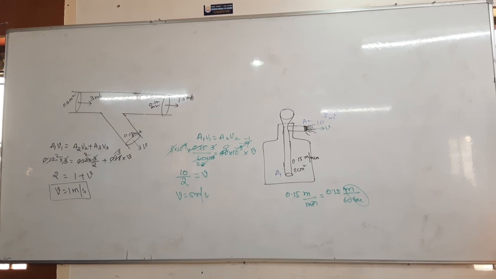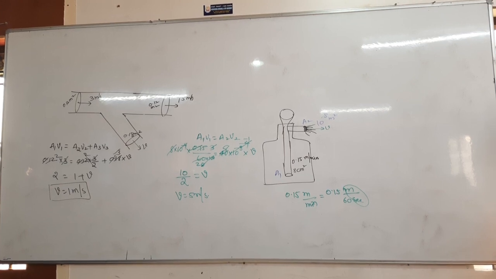Then calculate the speed and pressure of the water in the second pipe.